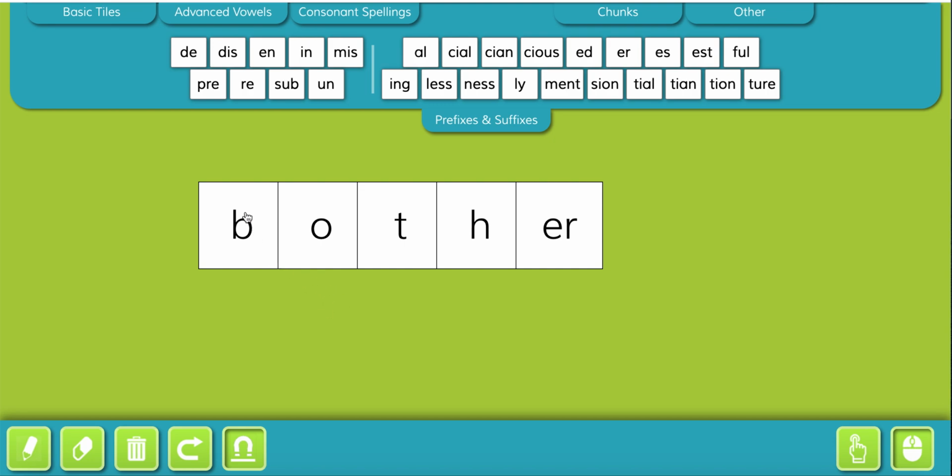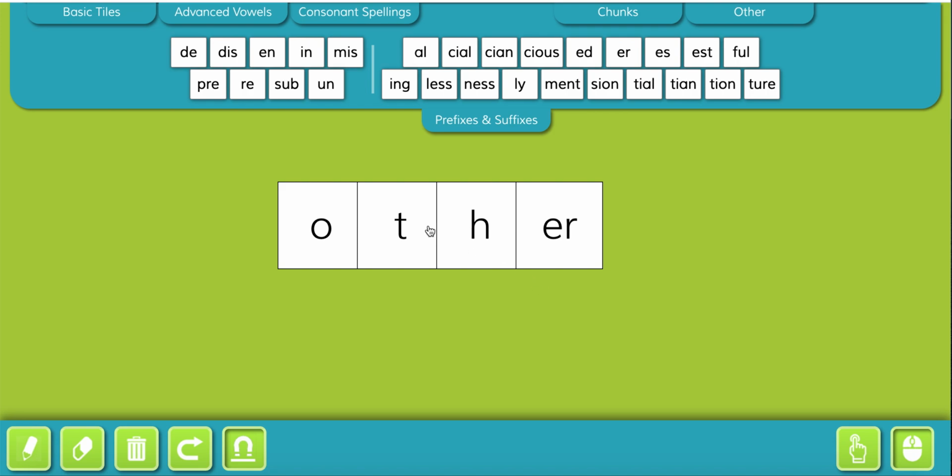Now I'm going to take away the B. Now the word changes again, other. Now the O changes to an uh sound, other. We don't say "other" like in both, and we don't say "other" with an ah sound. We say other, tricky.